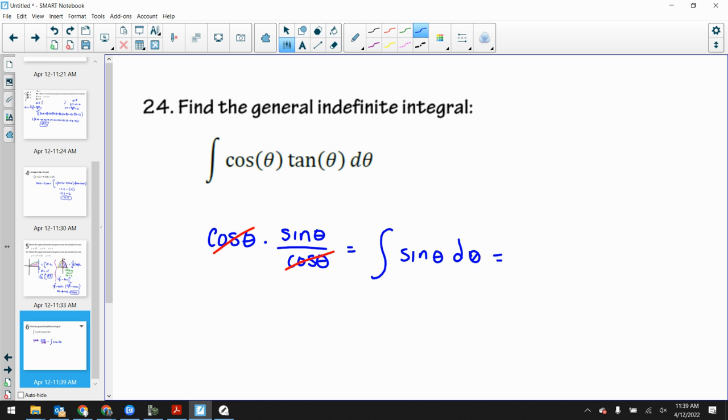which is, what is the integral of sine? Cosine. Oh, negative cosine, excuse me. Negative cosine theta. And then if it's an indefinite integral, plus c. Remember, indefinite integral is equivalent to saying general antiderivative.